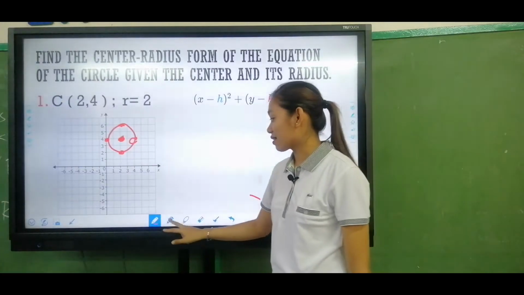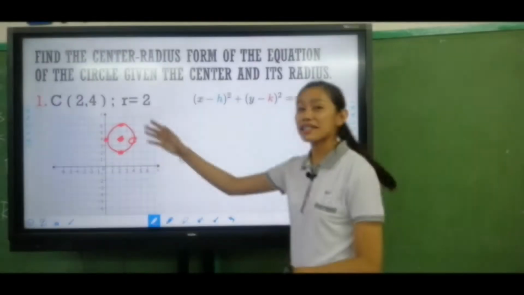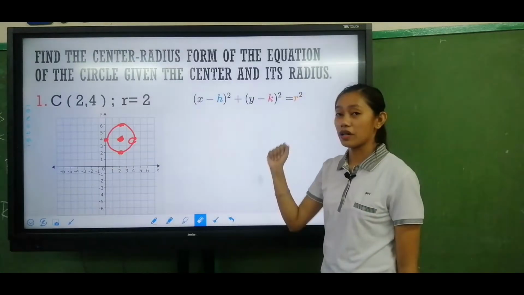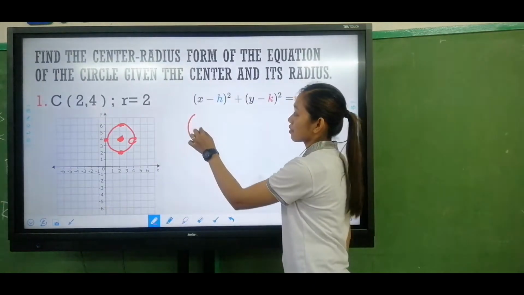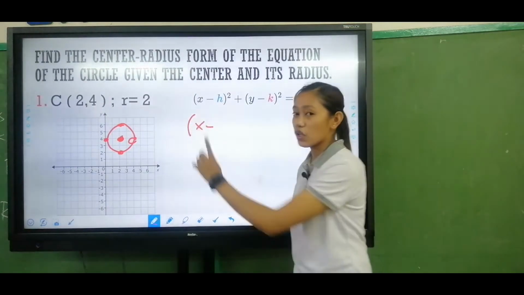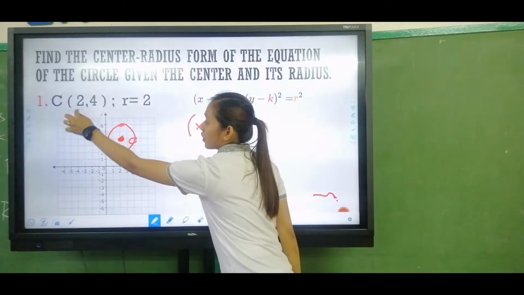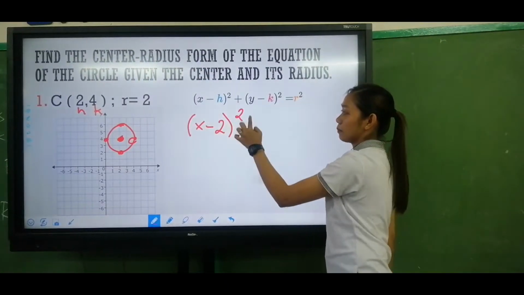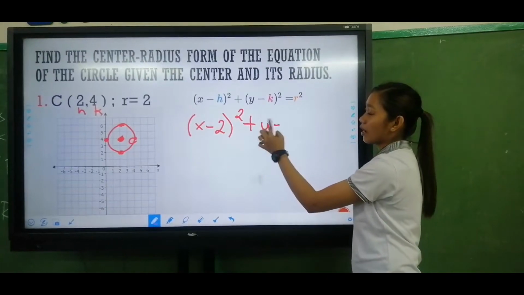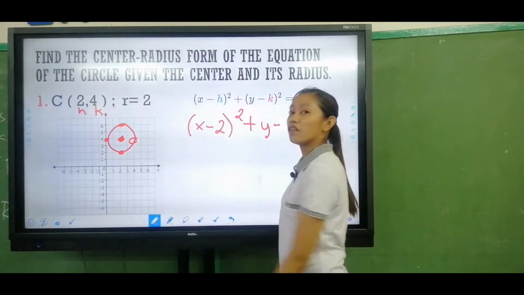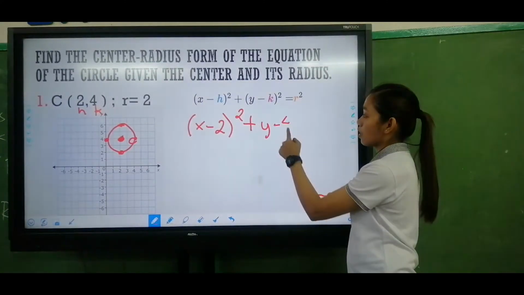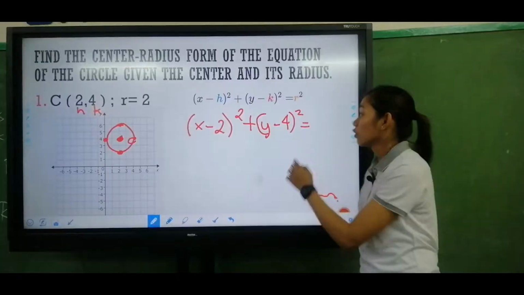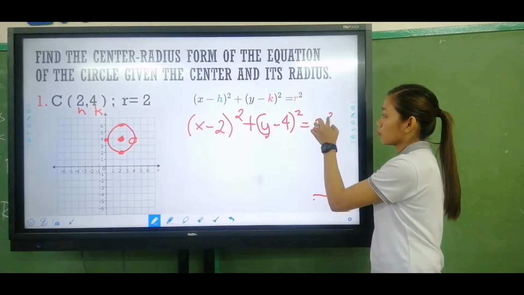So let's proceed now in finding the center-radius form of the equation of the circle given the center and its radius. Let's substitute the values of the center and the radius into our formula. So that will be x minus h, or the x-coordinate of the center, so that is (x - 2)² plus (y - 4)², where 4 is the y-coordinate of the center, is equal to the radius 2 squared.